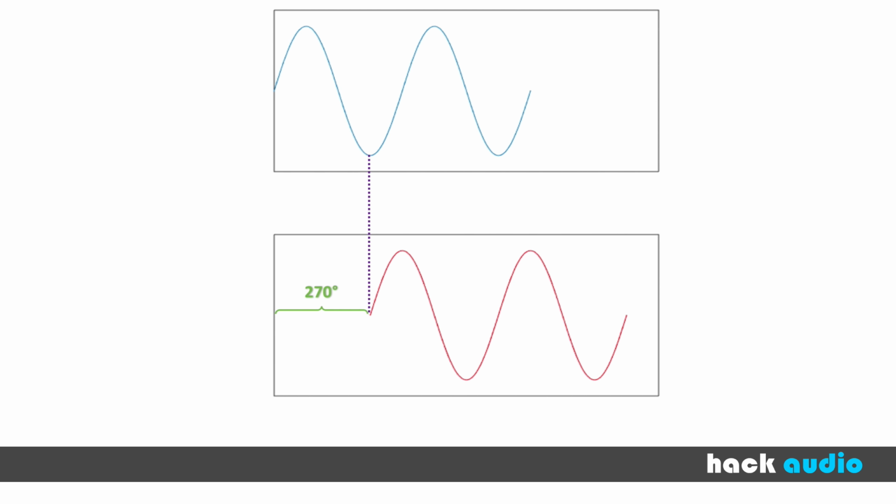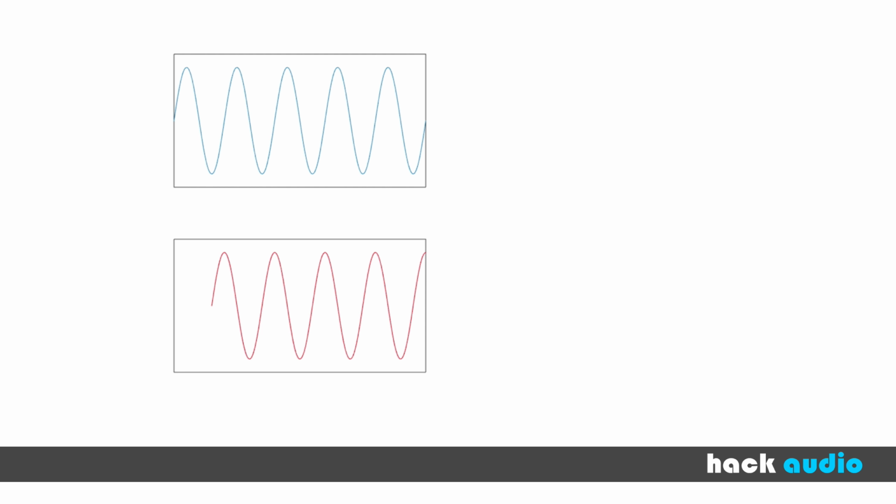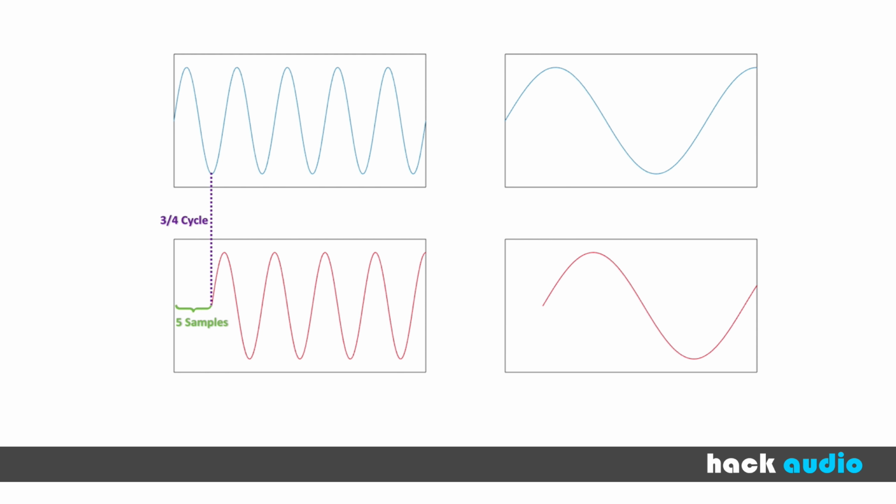Now, the interesting thing comes up if we look at an example here with different frequencies. Let's just pick an arbitrary amount of delay. Let's say, for instance, this delay that we've introduced for this signal is 5 samples, that we've shifted it over to the right. 5 samples of delay. Now, this same exact delay is equivalent to 3/4 of a cycle for this frequency. Let's apply this same delay to a different frequency.